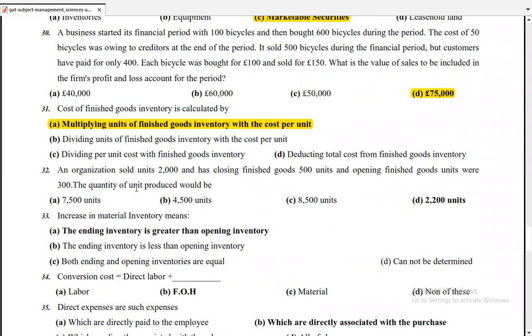The quantity of units produced would be 2,200 units. An increase in material inventory means the ending inventory is greater than the opening inventory.